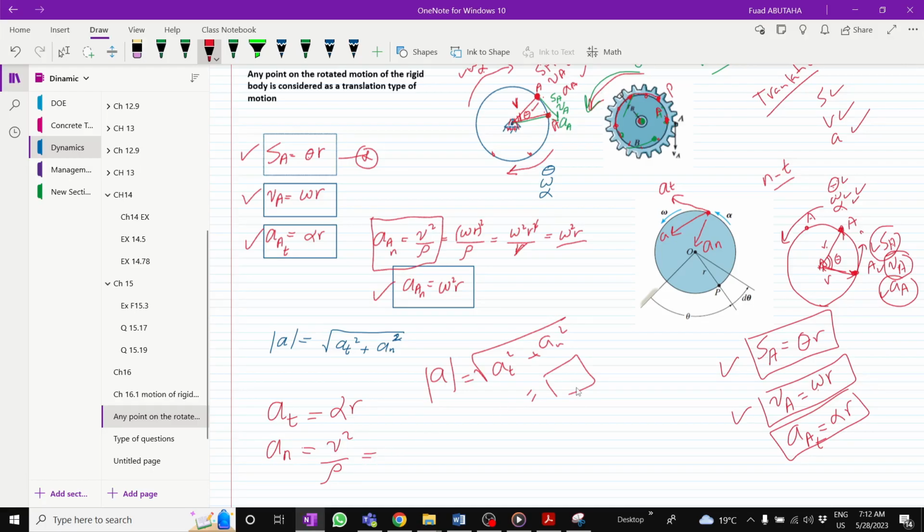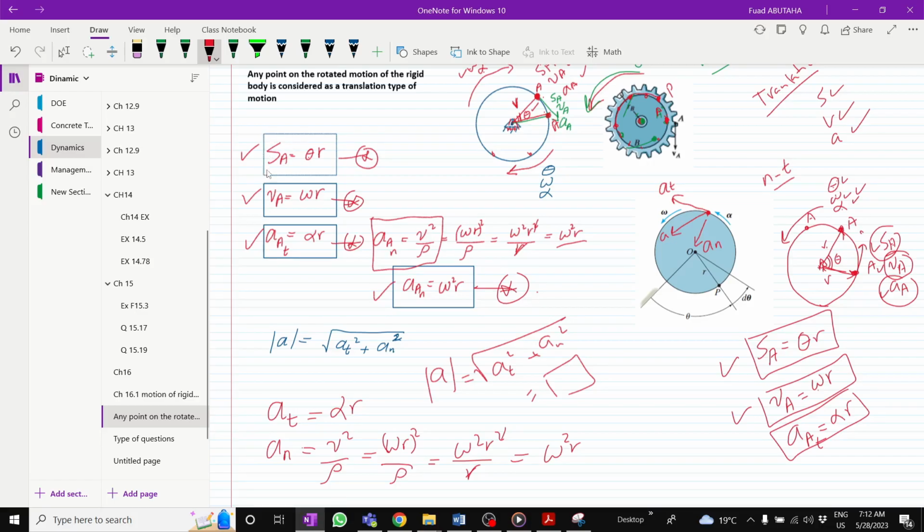What is v squared? V squared is (omega times r) squared, divided by rho. So it equals omega squared r squared divided by rho. What is rho? Rho is the radius, so this one will cancel with this one, and it will end up with omega squared times r. So we will have this one, this one, and this one.